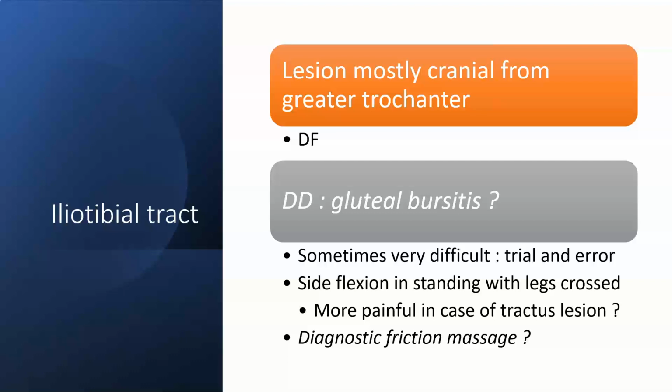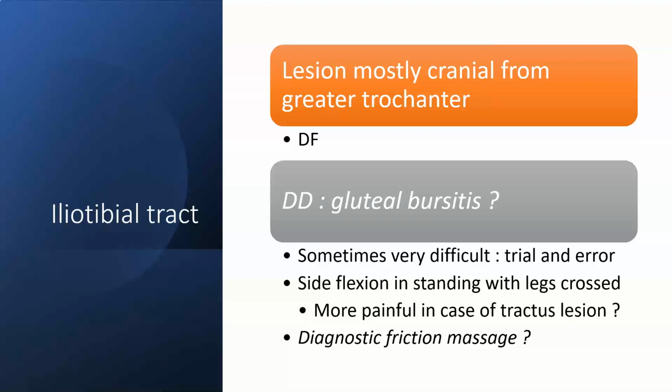What we can do is ask that the patient is standing, he crosses his legs and does a side flexion. And if that produces more pain, then perhaps our first idea is an iliotibial tract lesion. It's not a certainty. What else can we do?